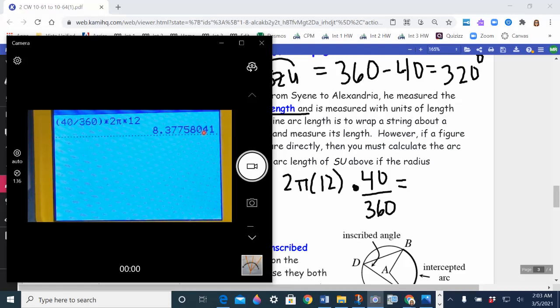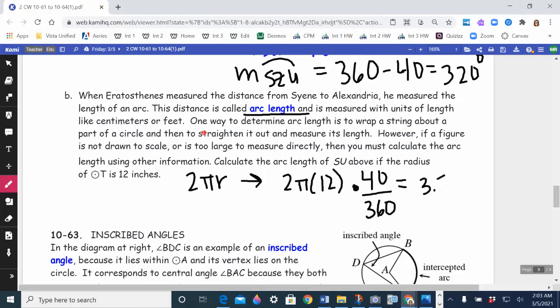And we end up with about 8.38. So 8.38. And if we want to leave it in pi form, and I didn't put the pi in my calculator, we would have ended up with 8 pi thirds when we work that out.